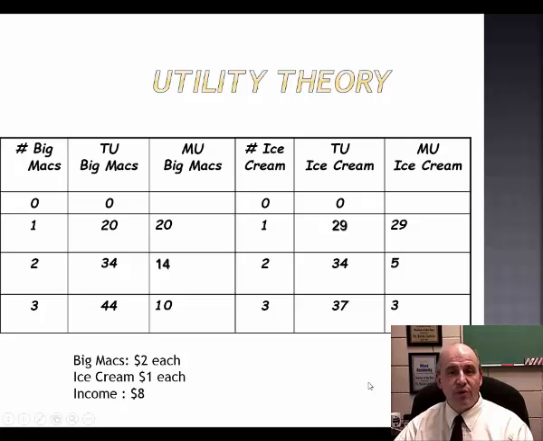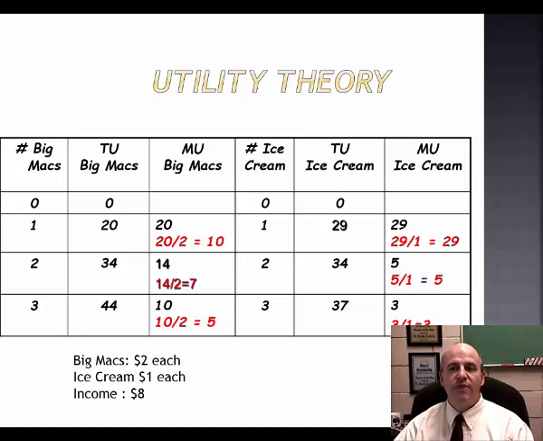Now remember, what's really important is the ratio of marginal utility to prices. Each Big Mac and ice cream cost different amounts. So the first Big Mac gives me 20 units of satisfaction, but it cost me $2 to get that Big Mac. So really it's 10 units of satisfaction for every dollar I spent.